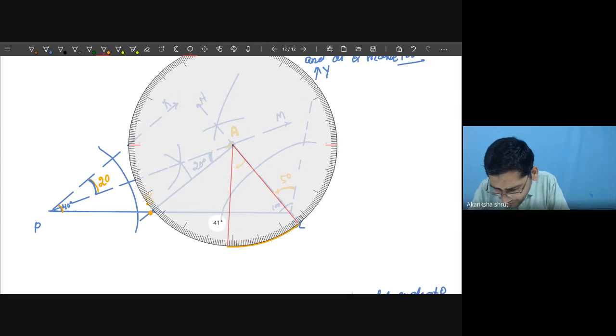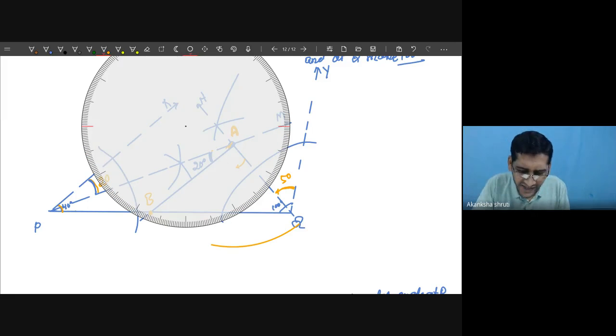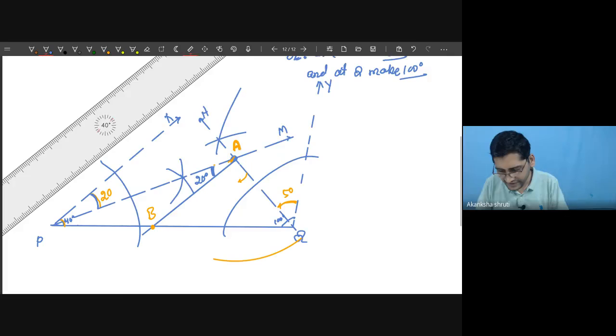Student, how much? Observe it carefully. From the line AQ, we have to make the 50 degree. So this way. Is it okay? So this way, we have to make the angle 50 degree. Let me join.